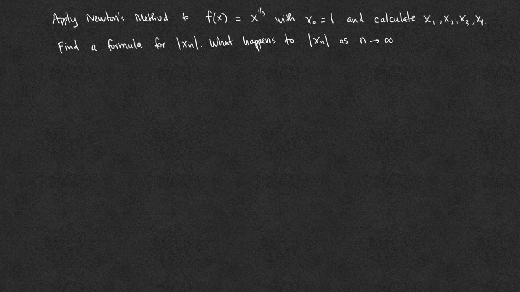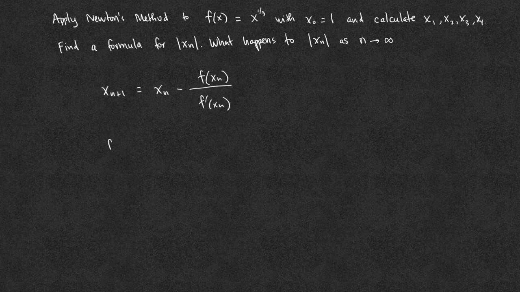First, we come up with the general formula for Newton's method for this particular function and the initial guess. Newton's method states that x sub n plus 1 equals x sub n minus f of x sub n over f prime of x sub n.